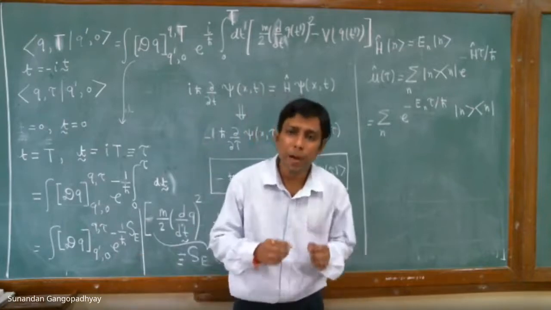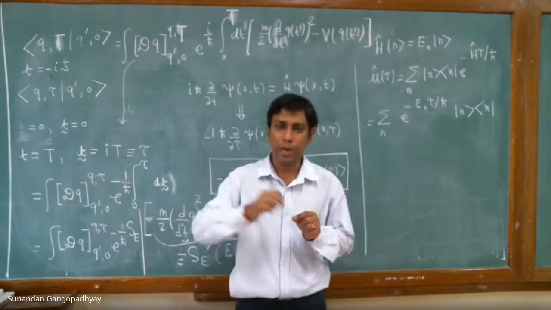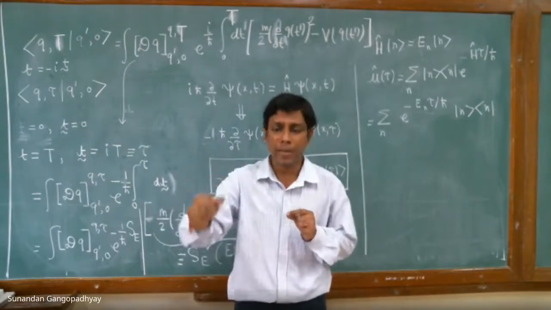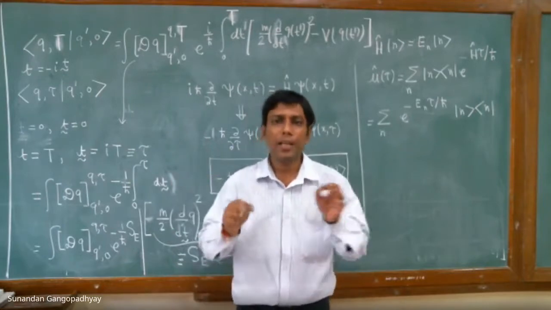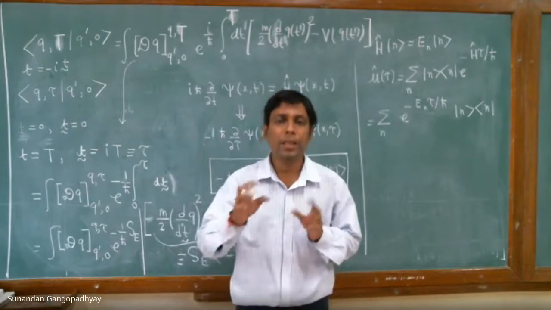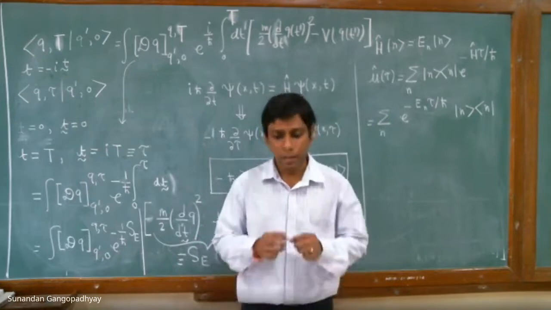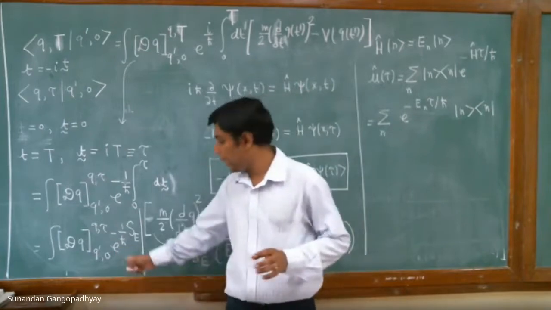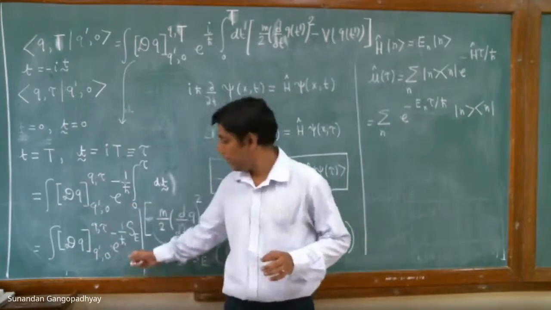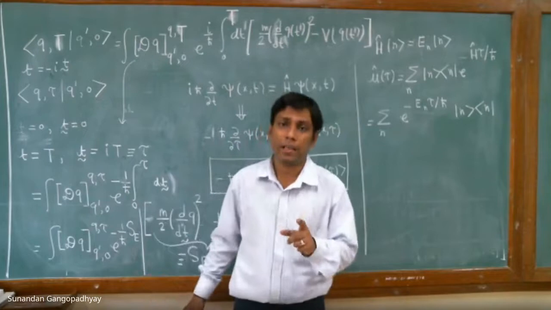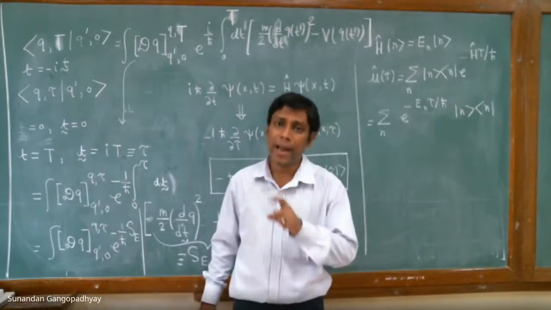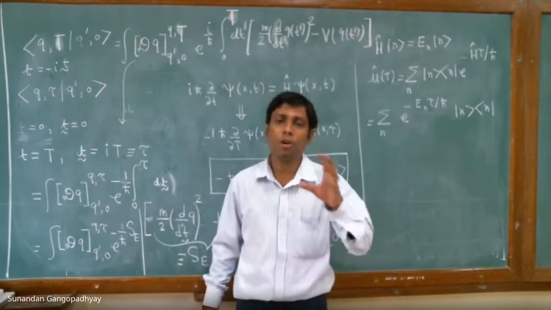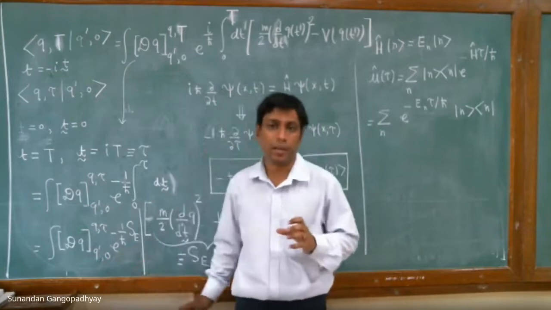For each path from this point to this point, with the end points remaining fixed, other than the classical path, the other paths are all the quantum paths. For each quantum path, you have a weight factor. Each path is weighted by e to the power of i by h bar times the action S. So each path has a contribution by this factor.